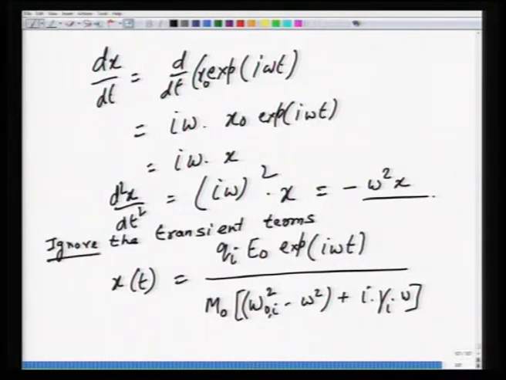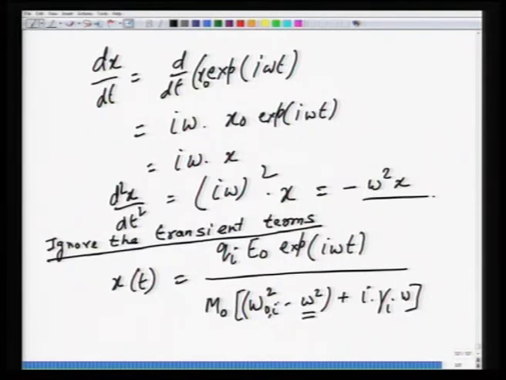All you need to do is put in the values of dx by dt and d2x by dt square, and get an expression for x in terms of E. This is E q i divided by what you will get. You can see here the first term is i omega square, which is minus omega square.